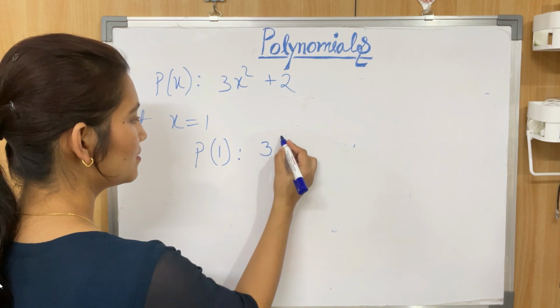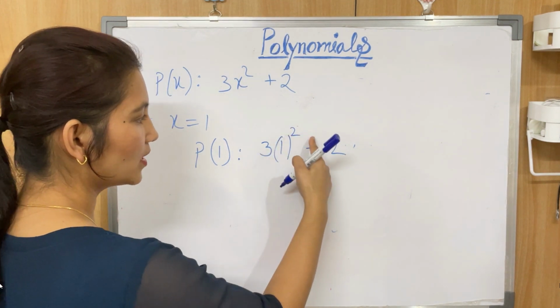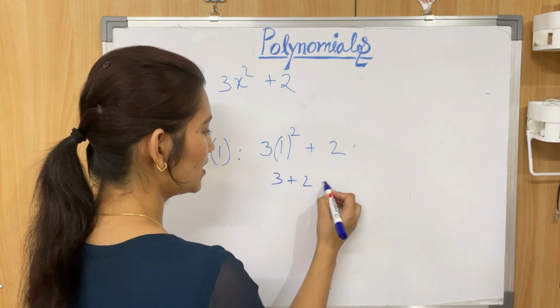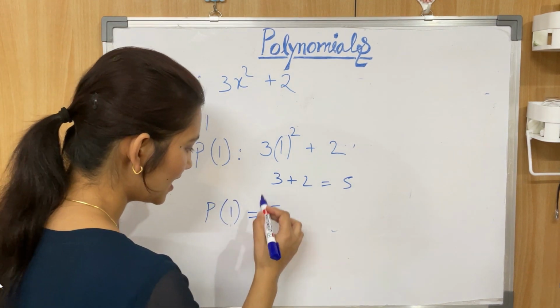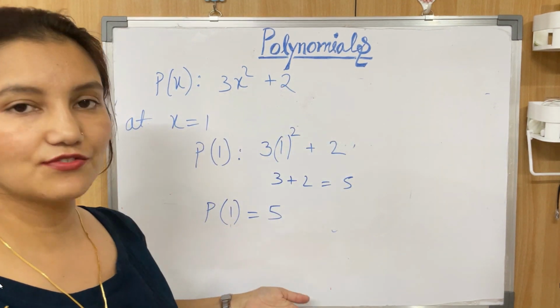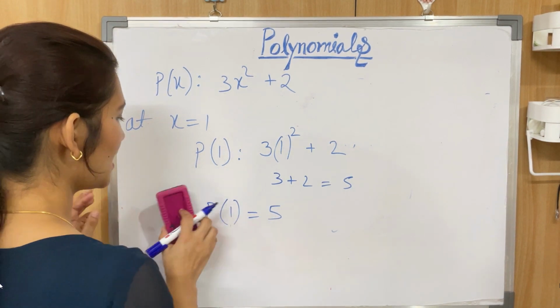So it would be 3(1)² + 2. 3 times 1 squared is 3, so it would be 3 + 2, and 3 + 2 is 5. So p(1) will be 5. So the value of this polynomial at 1 is 5. You get it? Okay, let's take one more example.